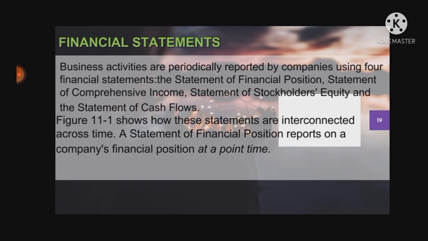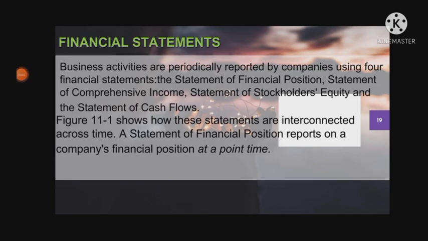Statement of cash flows. Its purpose is to provide information about cash receipts, cash payments, and net change in cash resulting from operating, investing, and financing activities of a company.